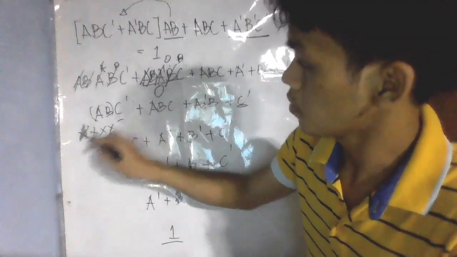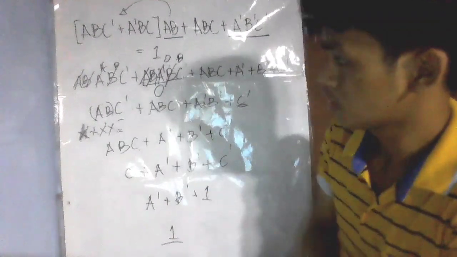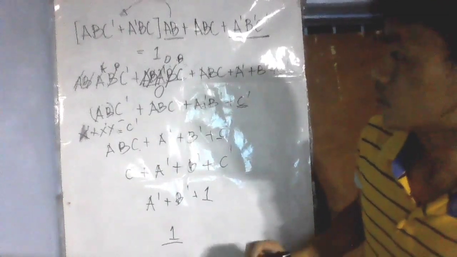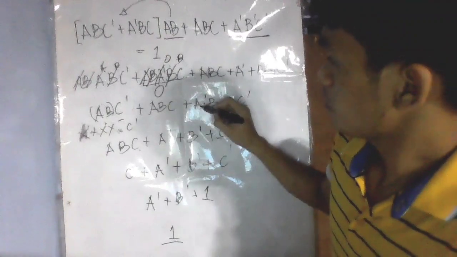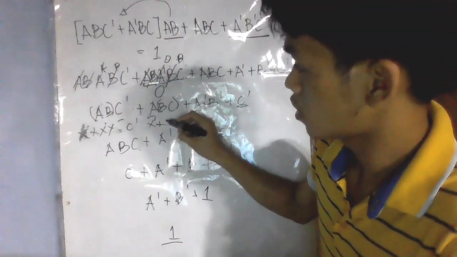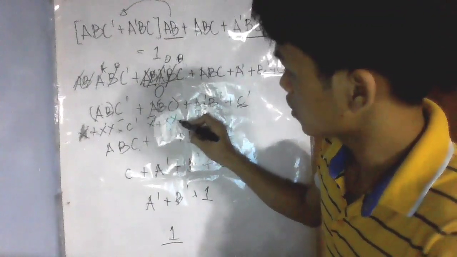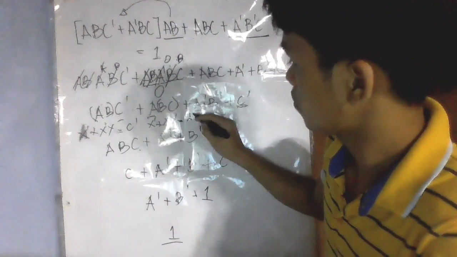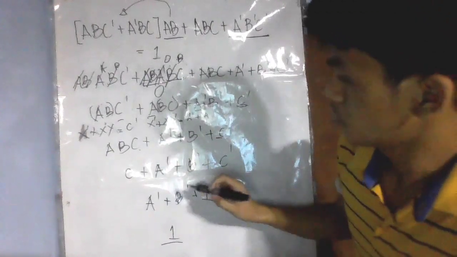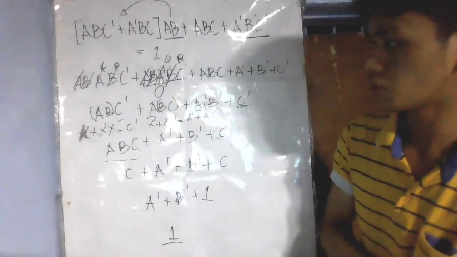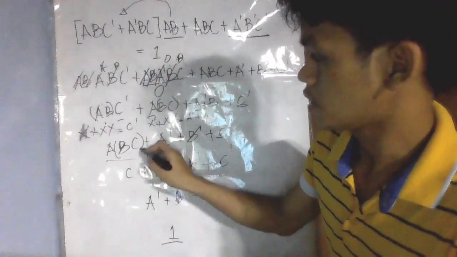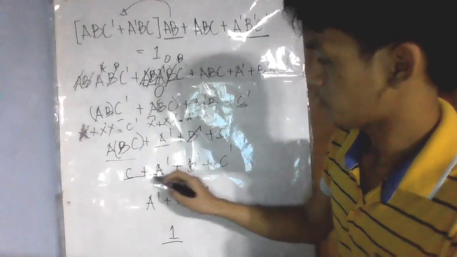X prime, which is equivalent to C prime, which is here, and another is A prime and A times BC, which is X prime + XY, which is equivalent to A prime + A, which is here. Another absorption is A prime times A times BC, which is equivalent to C + A prime.